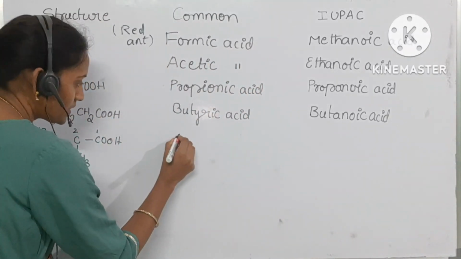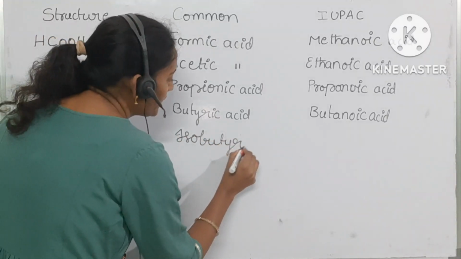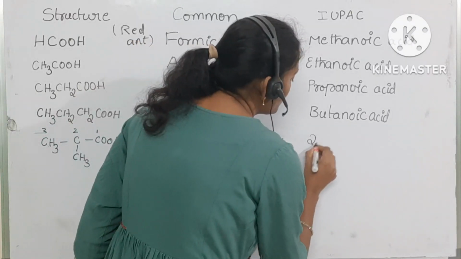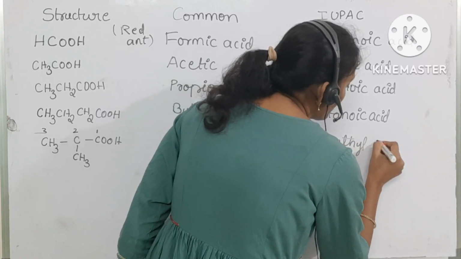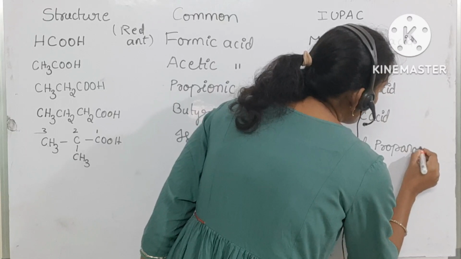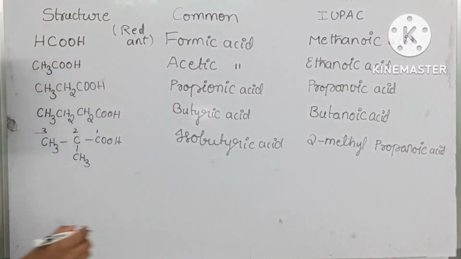The common name is isobutyric acid. IUPAC name is 2-methylpropanoic acid. Just remember this.